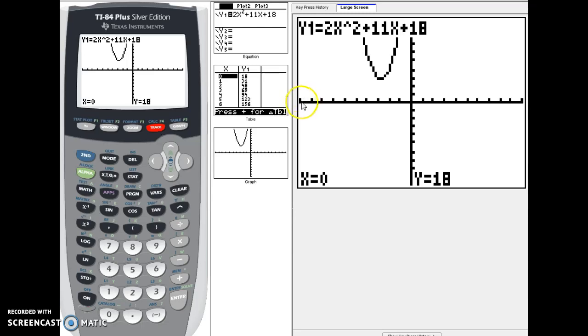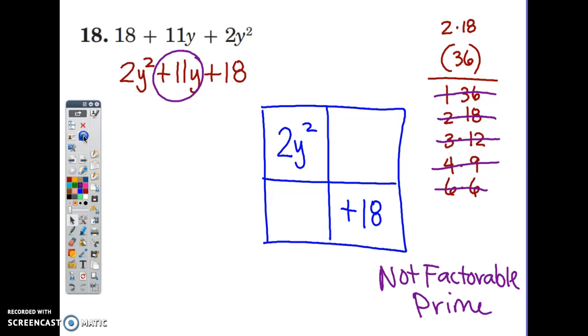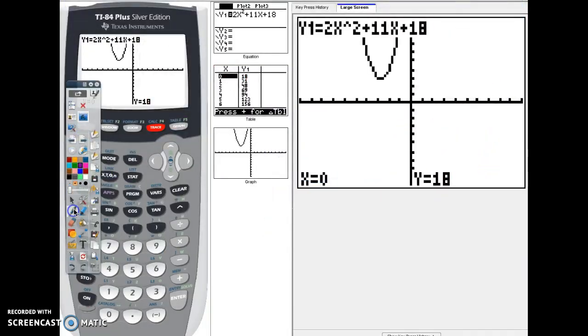It never crosses the x-axis. Never. That means there's no factors, there's no solutions. Okay, no real factors, no real solutions. If it does have a factor, it would cross. But it doesn't. It never touches it. So because it does that, it cannot be factored, so you would say prime.